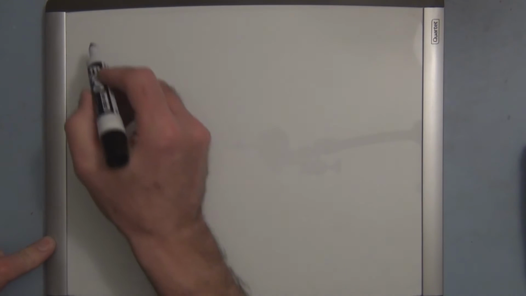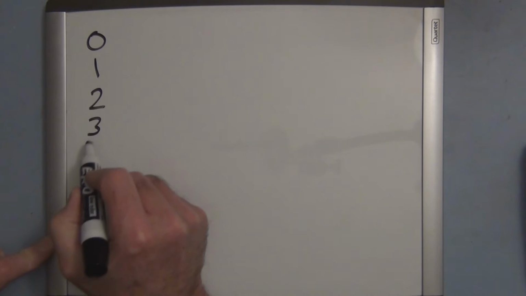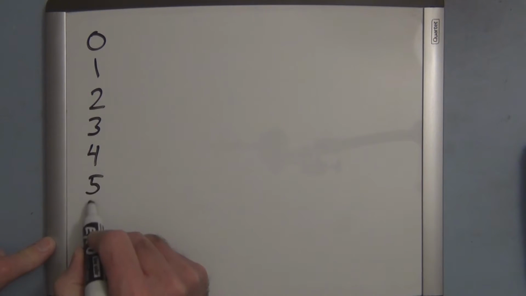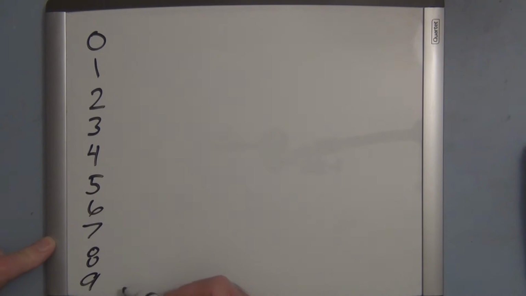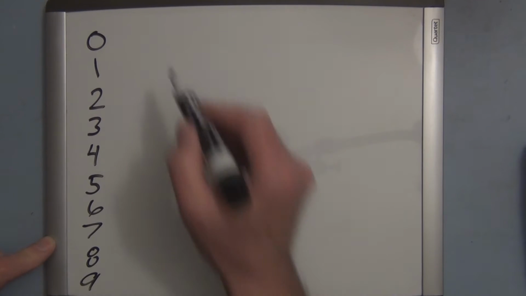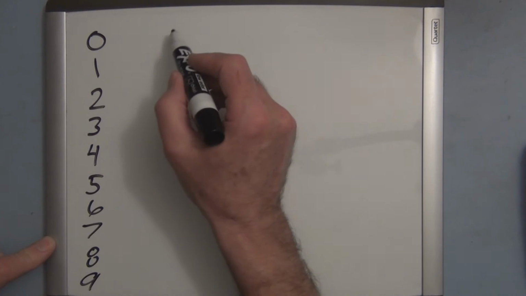So the binary coded decimal code only has to be concerned with the decimal numbers 0 through 9. But because we're going to 9, we need 4 places. So we need a 4-bit binary number.